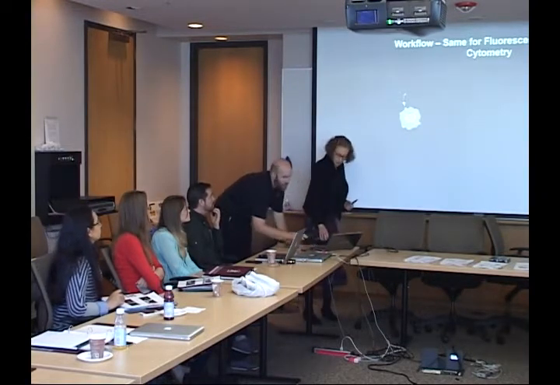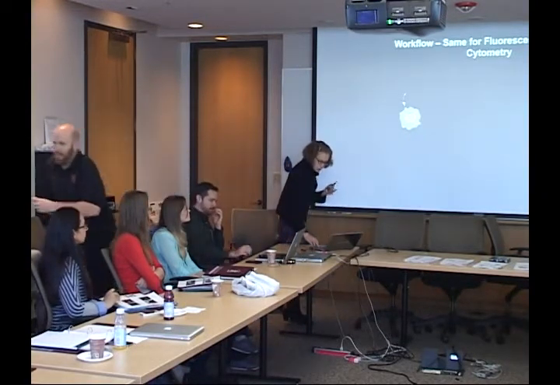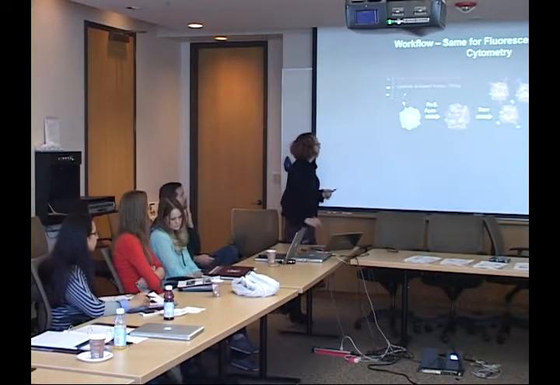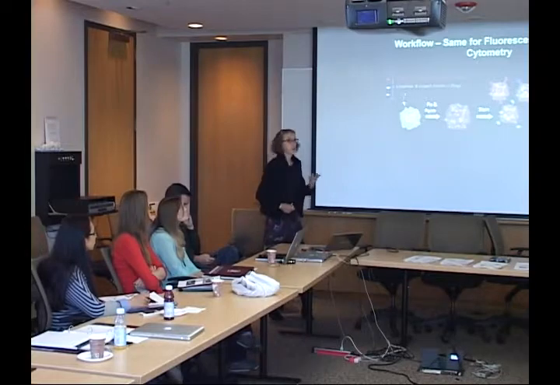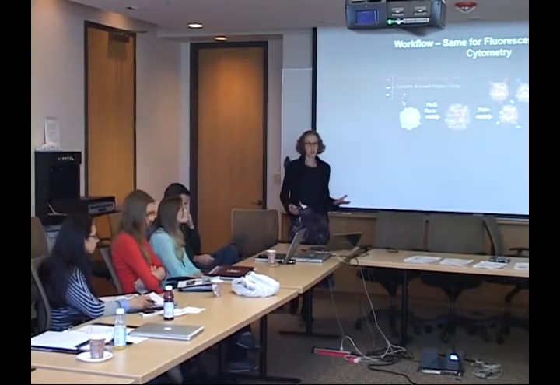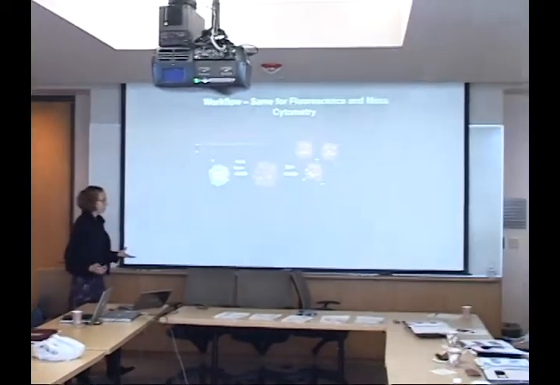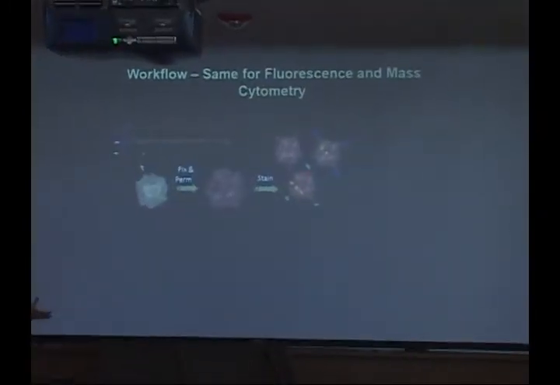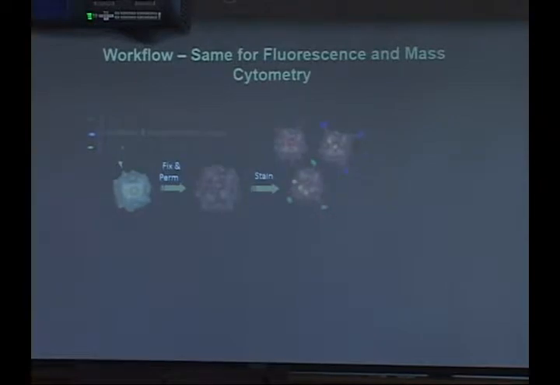Okay. So this is another version of what you saw from Sean, which is the workflow. The workflow for mass cytometry is very comparable to fluorescence-based cytometry. So that's really good. And those are experimental variables that are just the same. We interrogate cells to look at intracellular responses. So the antibodies, the fixation and the perm protocols are the same.